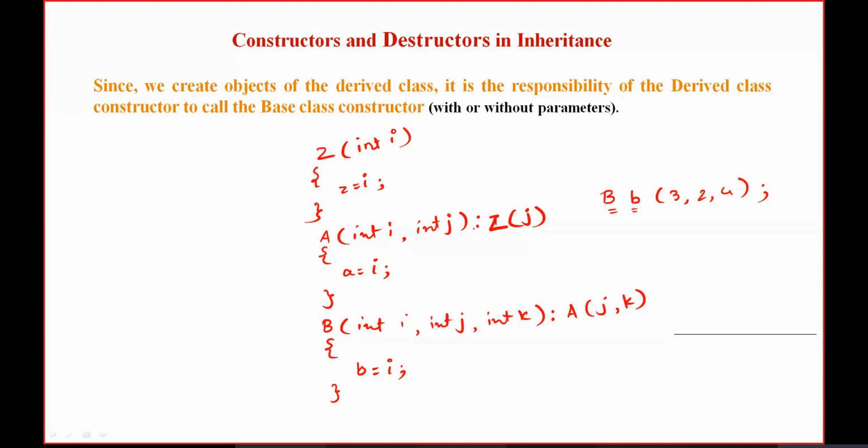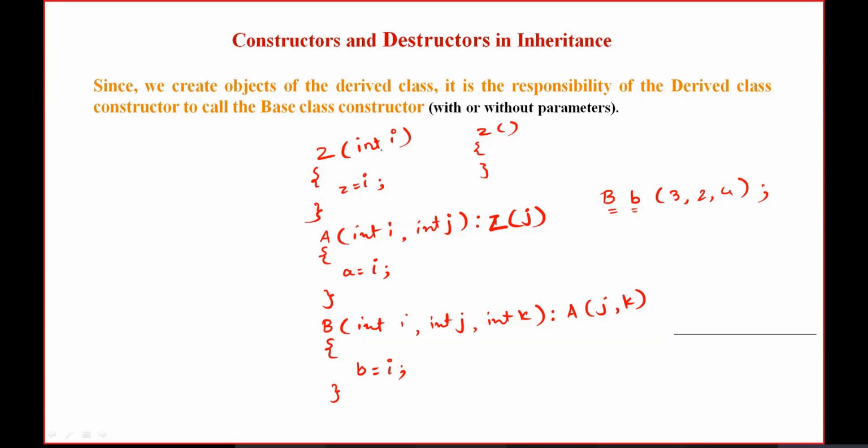Remember that whatever constructor you are calling or whatever constructor you are expecting to get called, that type of constructor should be present in my base class. Either it should be explicitly defined by you, or it should be present because of automatic creation by the compiler, and that is only possible in case of default constructors.